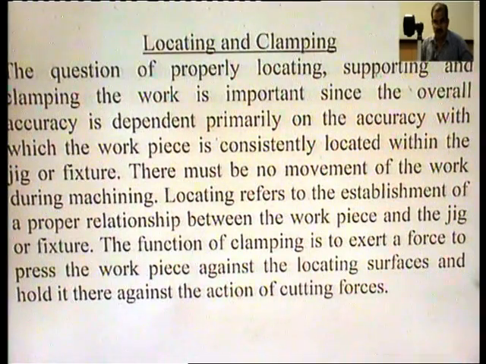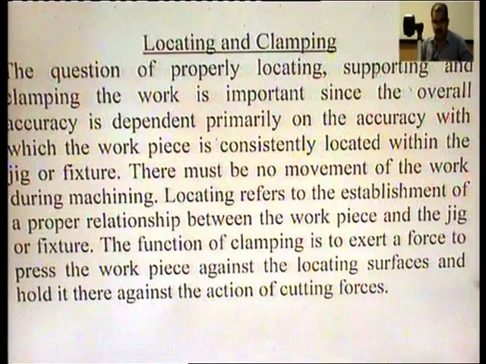Locating refers to the establishment of proper relationship between the workpiece and the jig or fixture. The function of clamping is to exert a force to press the workpiece against the locating surface and hold it there against the action of the cutting force.